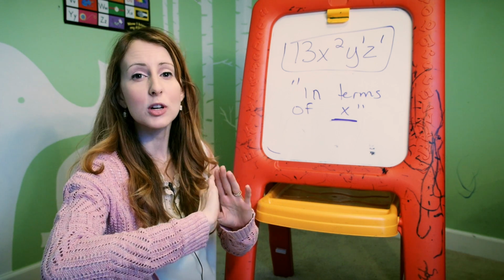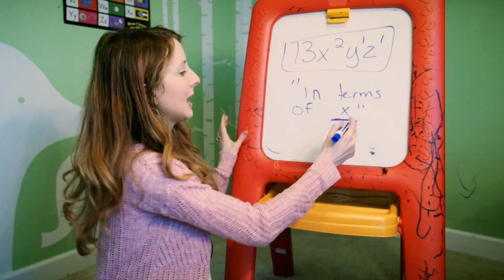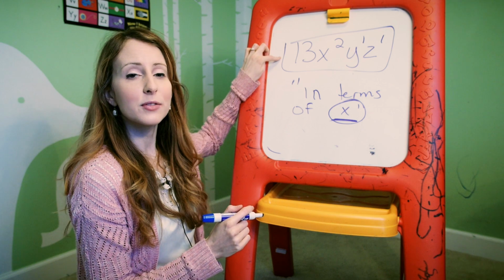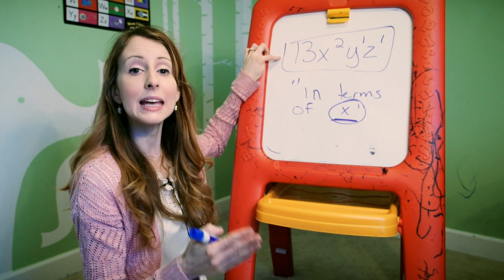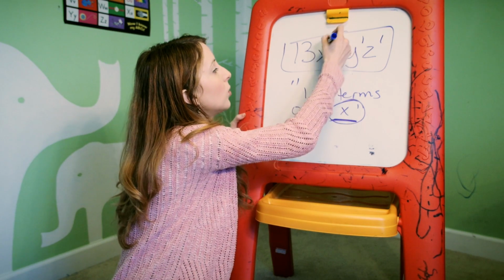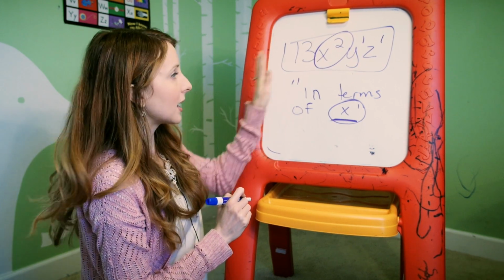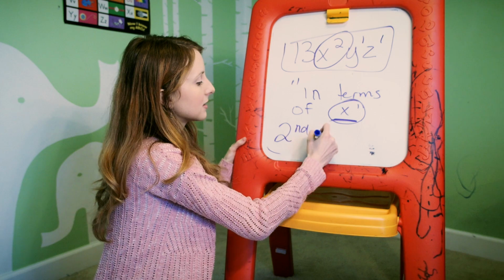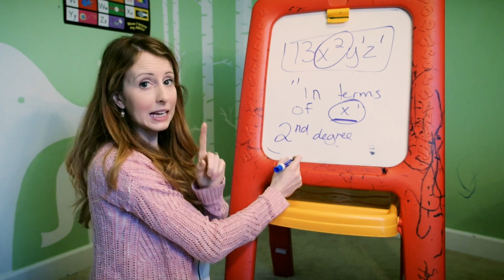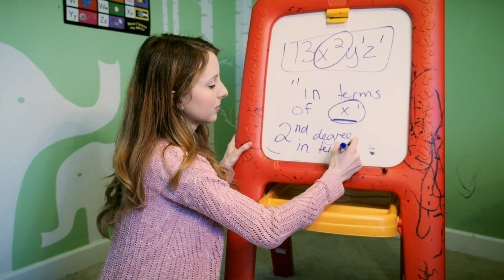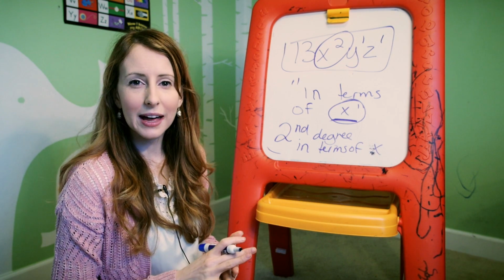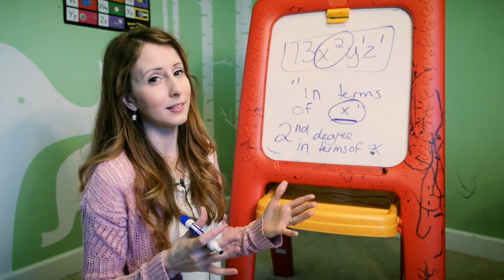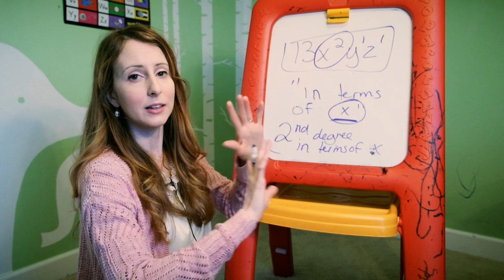They basically want you to ignore all the other variables and put all your focus on x. So going back to this one, if we were asked to find the degree of this monomial in terms of x, we would only look at the x variables. We'd ignore the other ones. And this particular monomial would be a 2nd degree monomial in terms of x. So you do want to watch for that on your homework, because then you have to do something a little different. Only count the x variables and ignore everything else.